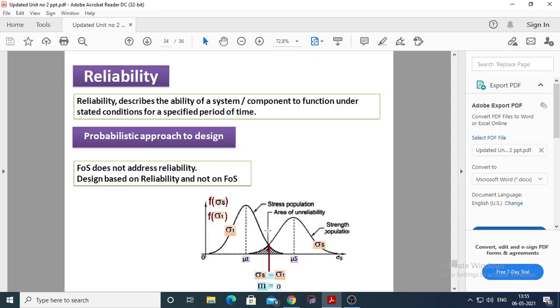This is done by reliability design. Where critical parts are designed, we use reliability based design, where the statistical nature effect is required.